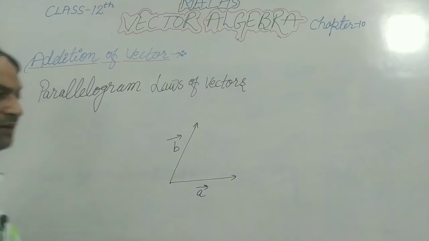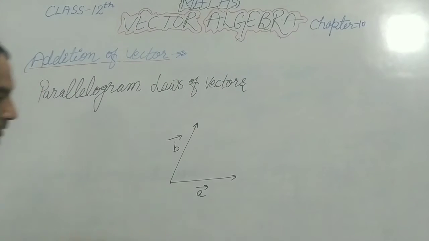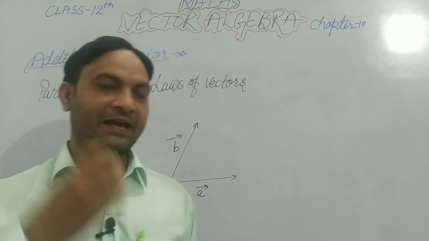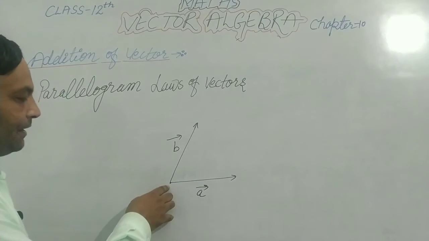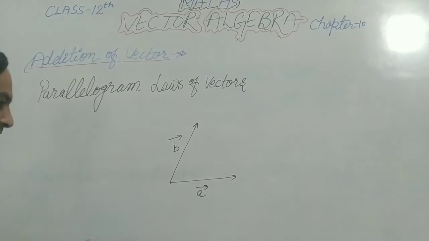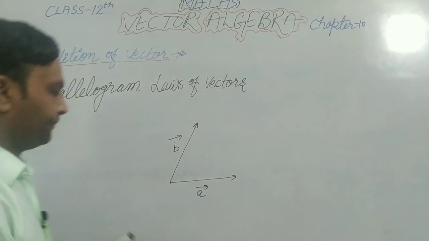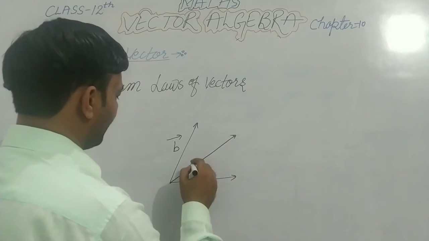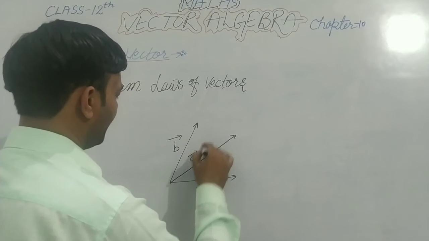So in a simple way we can define the parallelogram law of vectors: if two vectors are represented by the adjacent sides of a parallelogram drawn at the same point, then their sum or resultant is represented by the diagonal of the parallelogram taken at the same point. So we denote the resultant by the diagonal.